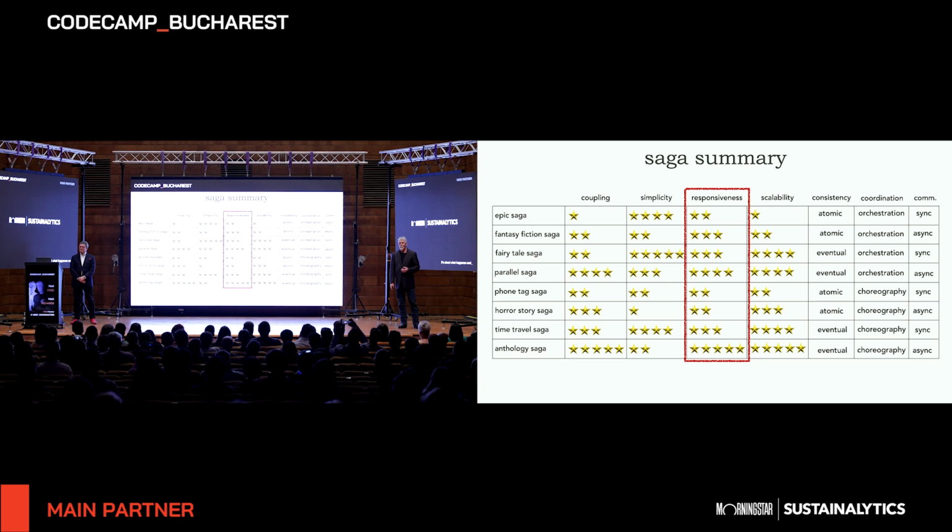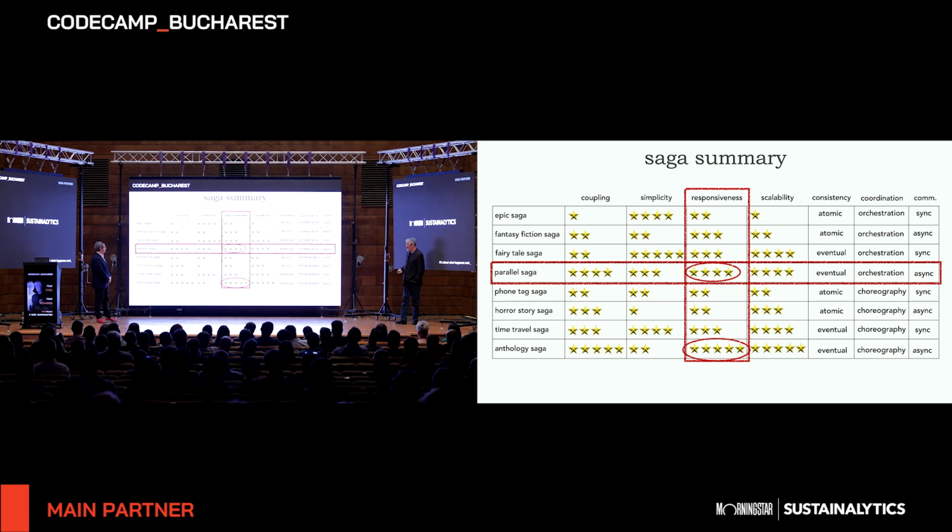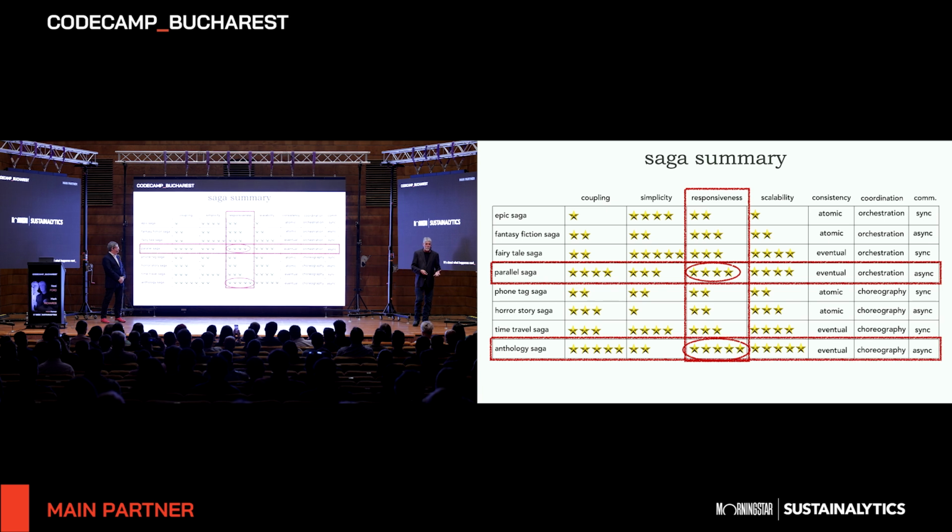Well, how do we do that? Qualitative analysis. We look through here and say, well, the parallel saga has 4 stars, anthology has 5, which means if we want a responsive system, we know we can use the parallel with eventual consistency, async communication and orchestration, or we can choose the anthology, eventual consistency.